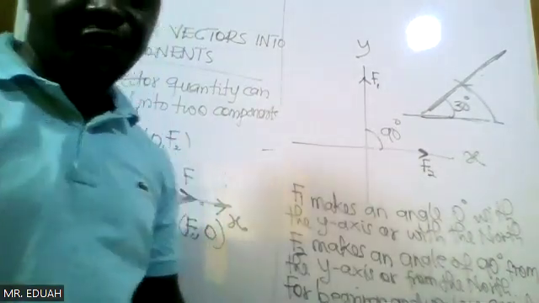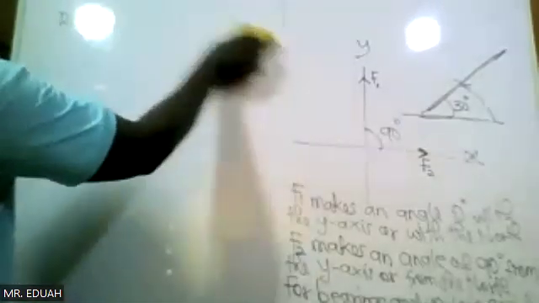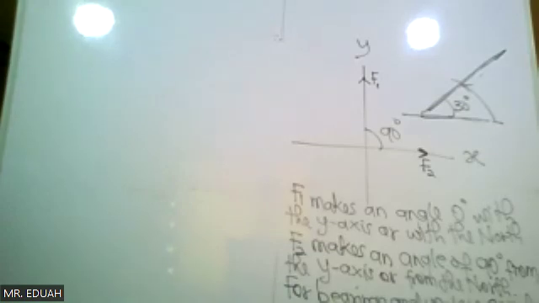So if I'm given a force and it makes an angle of 30 degrees, the angle it makes with the vertical is 30 degrees. This is how I'll determine it.